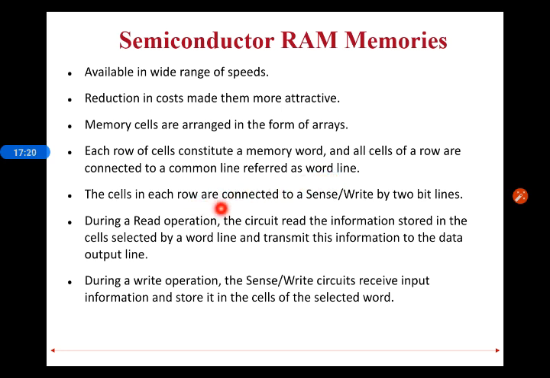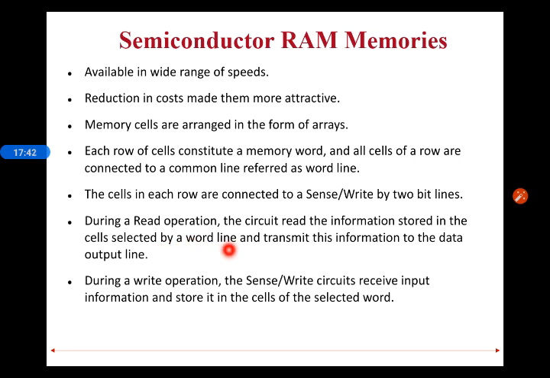Similarly, the cells in each row are connected to another circuit that is called a sense or write circuit by two bit lines. We will see this diagram. So the sense write circuit is there. During a read operation, the circuit reads the information stored in the cells selected by the word line.